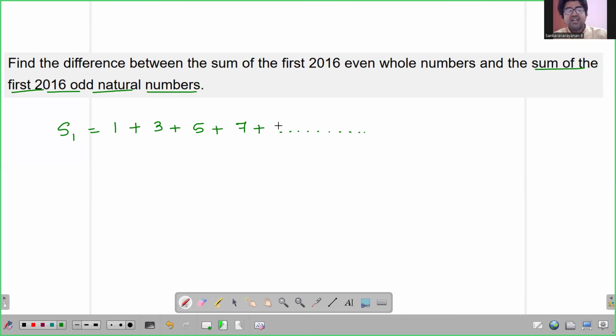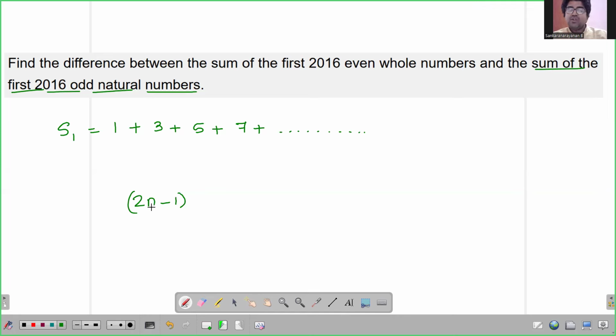You are considering the sum of the first 2016 odd natural numbers. So what will the 2016th number be? Any odd number can be represented as 2n minus 1. When you put n equal to 1, 2 into 1 is 2, 2 minus 1 comes as 1. When you put n equal to 2, 2 2s are 4, 4 minus 1 comes as 3.